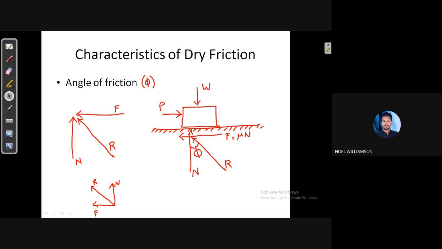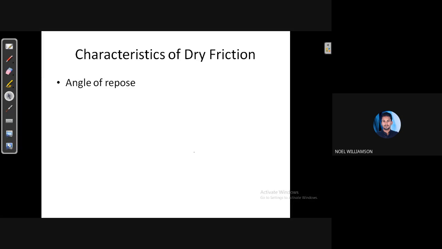Now we'll see what the angle of repose is. Suppose you have an inclined surface like this, and this angle you can denote as alpha. Then you keep a body on this inclined surface.